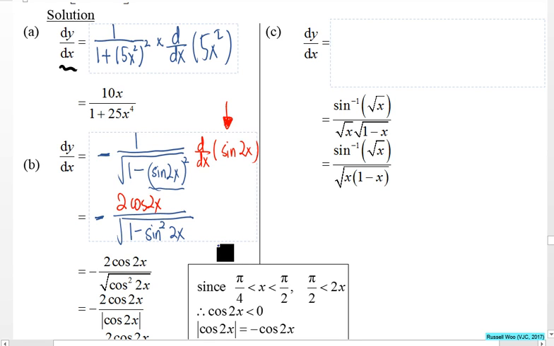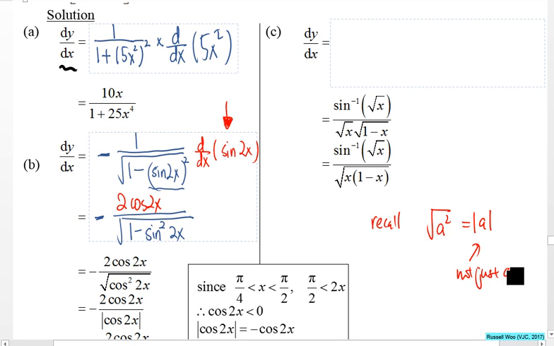Now, not done yet. From here to here, no big deal. You get 1 minus sine square, you get cosine square. Now, square root of cosine square 2x. By right, you should get mod cosine 2x. By right, recall square root of a square actually is mod a, not just a.